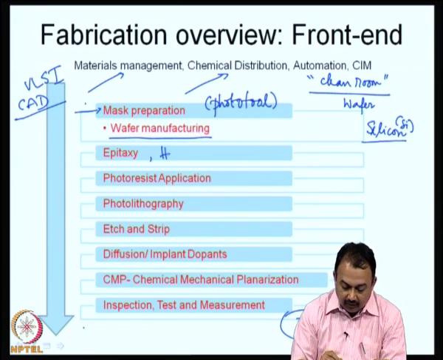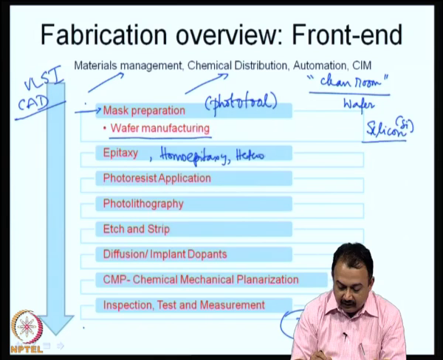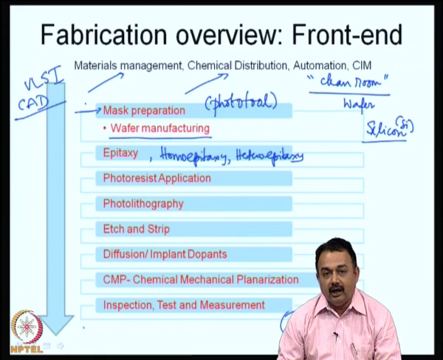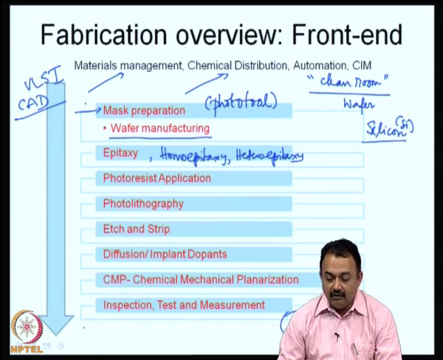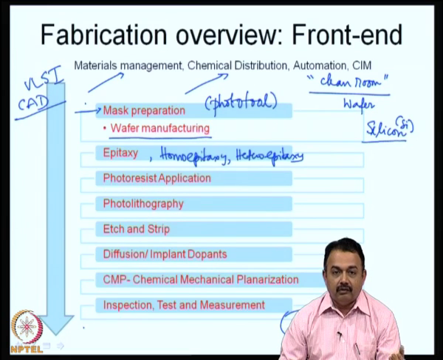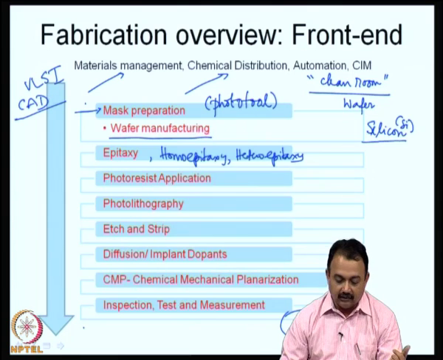You can have homoepitaxy or heteroepitaxy. Now, heteroepitaxy is very important for compound semiconductors like gallium arsenide. Normally, for silicon you will use another silicon layer that is typically of very small thicknesses, and from that the gate manufacturing process will start.